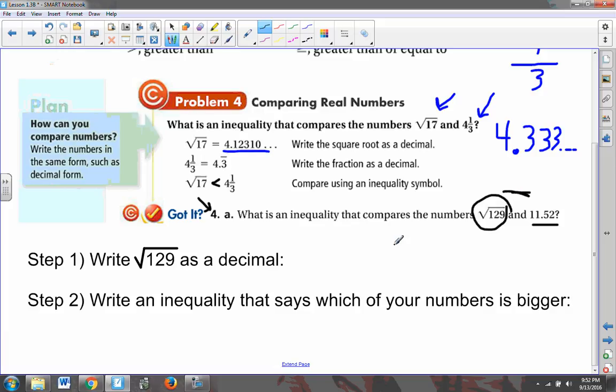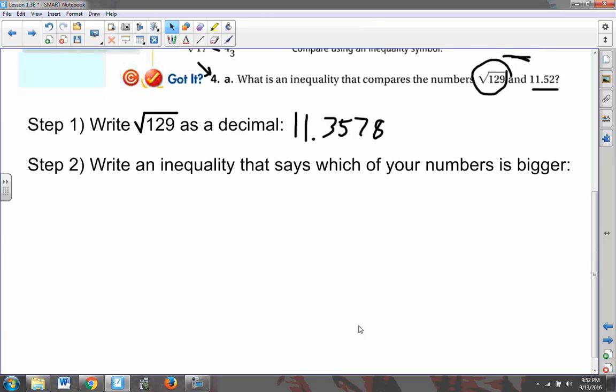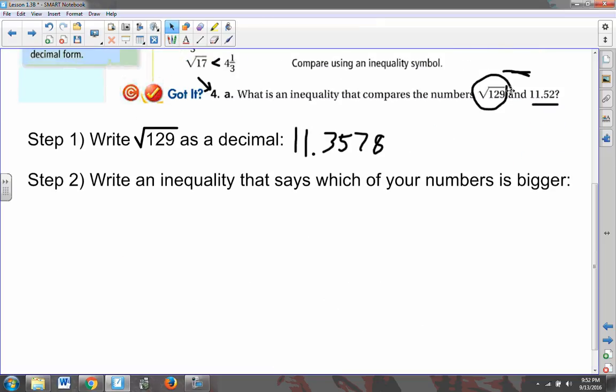Okay, square root of 129, when we type that in on our calculator, we get 11.357, and it keeps going, right? So we could round that to 11.4. So 11.4 is the square root of 129, and our other option was 11.52. So I believe 11.52 is the bigger one here, right? 11.52 is bigger than 11.35, right?